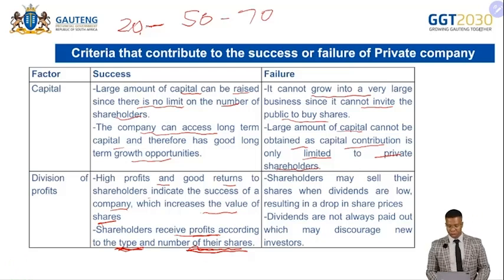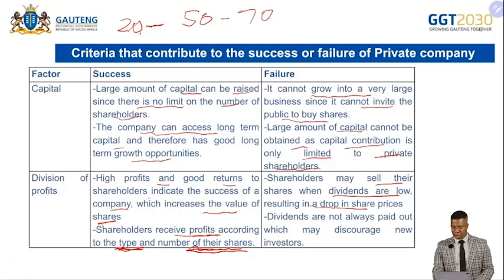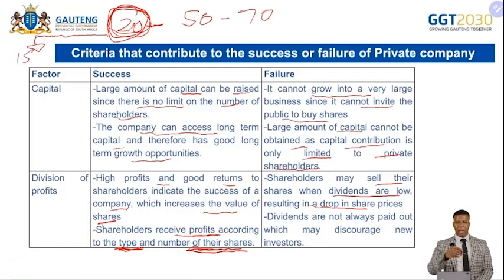Then, when you're looking into failure, shareholders may sell their shares when dividends are low, resulting in a drop in the share price. That is to say, now when the company is underperforming, if the share price was 20 rand, it might now decrease the value of the shares maybe to 15 rand, and if it further now underperforms, the share price can be reduced to 10 rand.